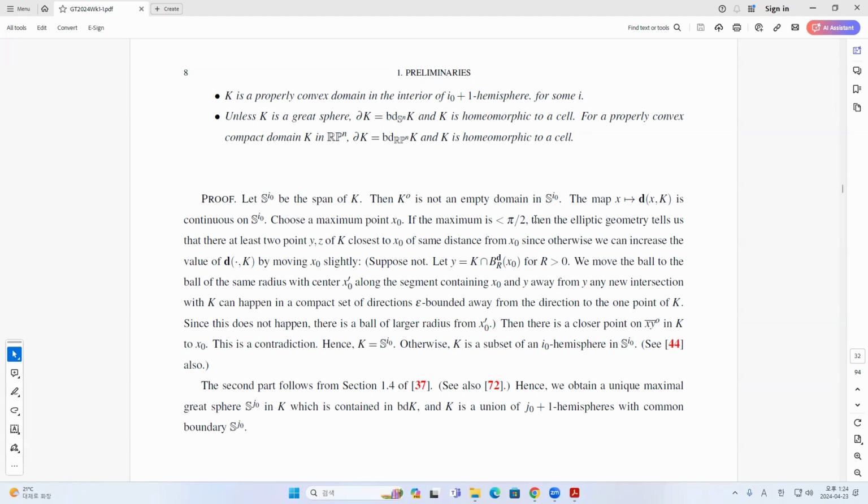there are at least 2 points in K at the same distance from X0. If not, then you can move the center X0 a little bit.